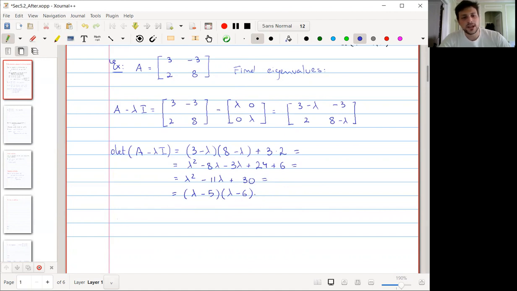So the eigenvalues of our matrix A are precisely the zeros of its determinant. We want to solve this for 0, and that's 0 whenever lambda is equal to 6 or lambda is equal to 5. Those are our two eigenvalues.